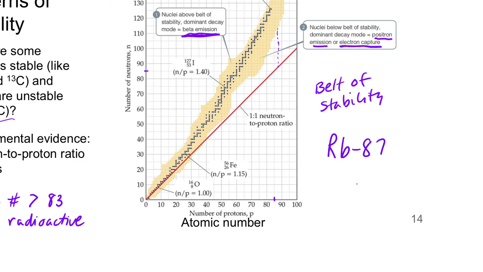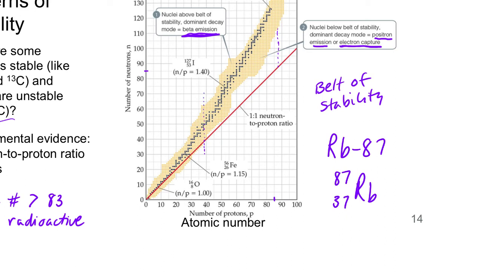Rubidium-87, Rb-87, and rubidium is 37, okay? So that's where I was getting confused. So atomic number 37, somewhere in here.